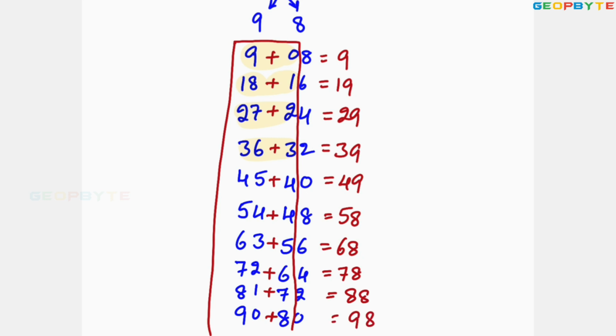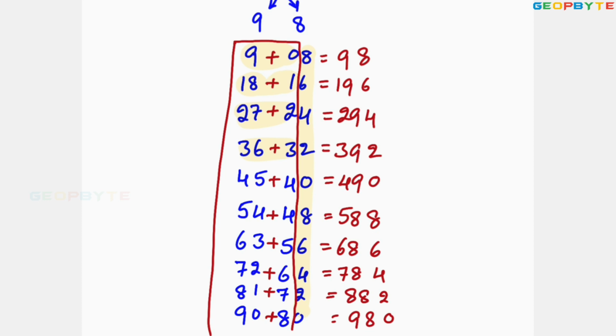Then you write the outside values orderly: 8, 6, 4, 2, 0, 8, 6, 4, 2, 0. You got your required table, that is 98 table.